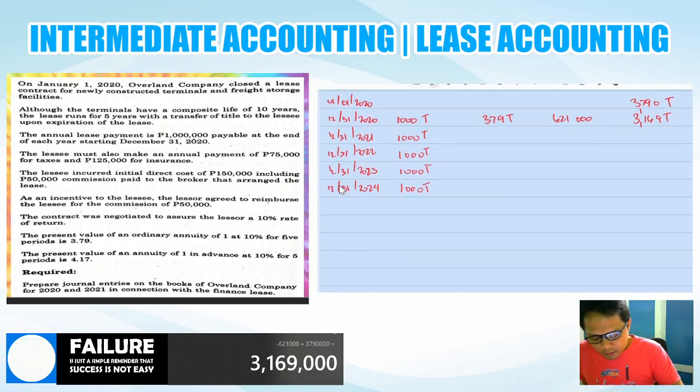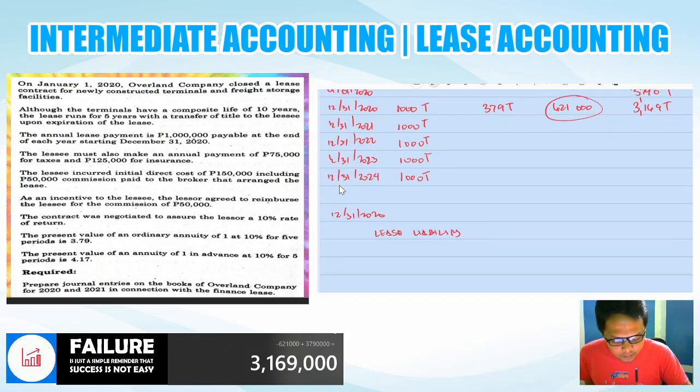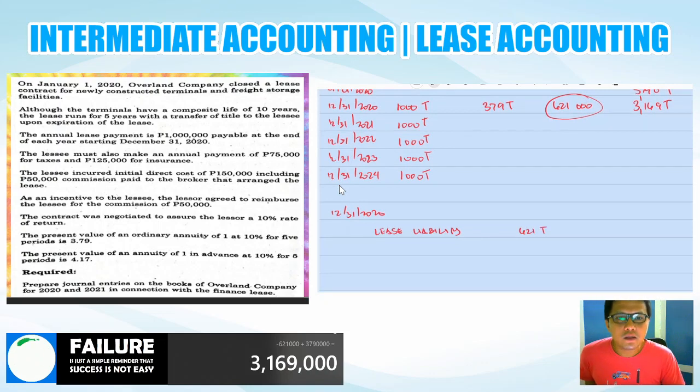So if we are to record on 12/31/2020 pertaining to this transaction, we will debit lease liability at 621,000. Debit again interest expense at 379,000.